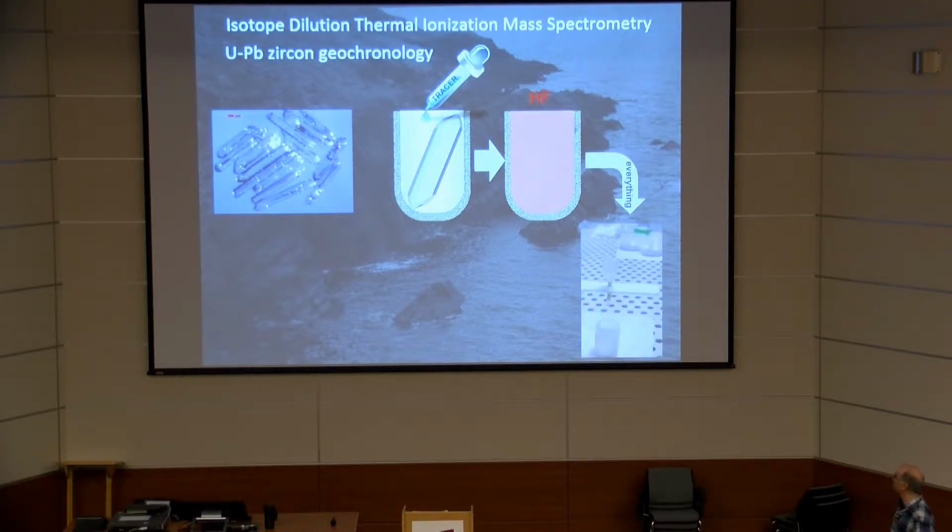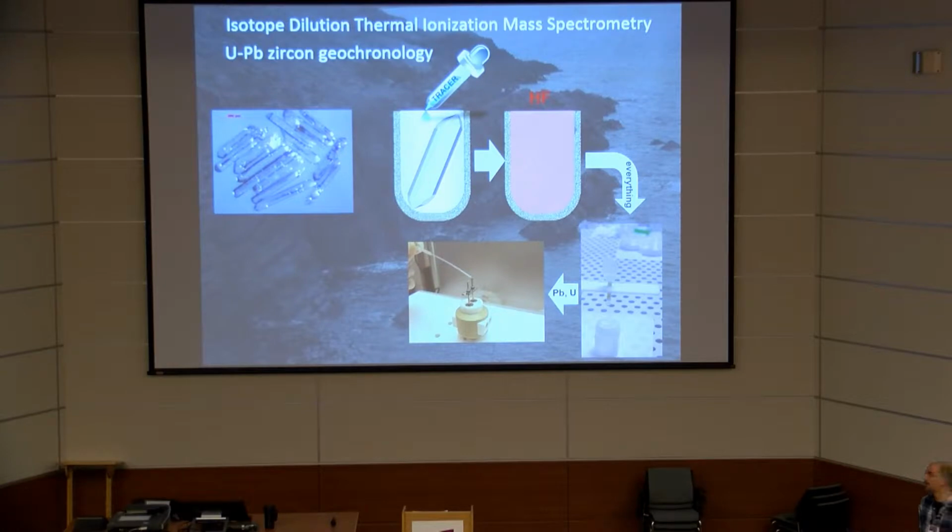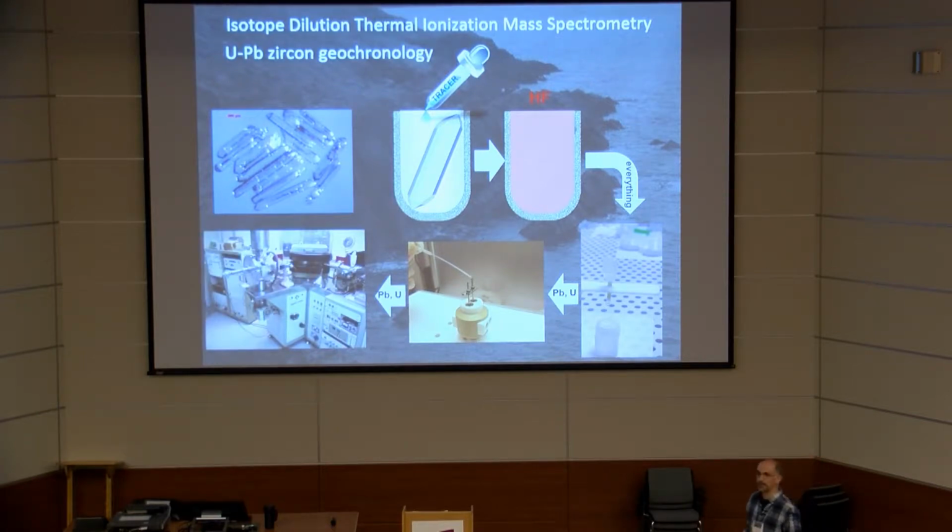Then we separate and purify uranium and lead by column chemistry, load them on rhenium mass spec filaments, and put them in a mass spectrometer and make our measurements. So it's a very long, laborious, time-consuming, and expensive technique, but the reward is high precision.